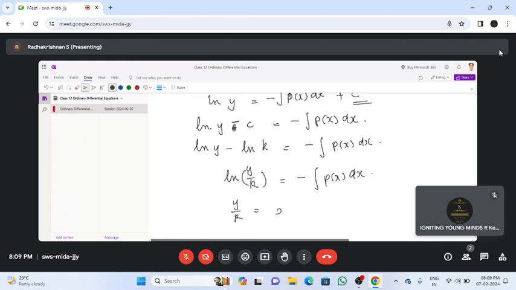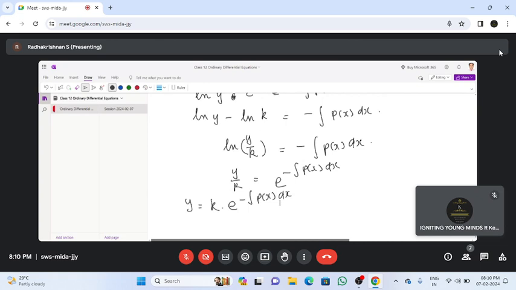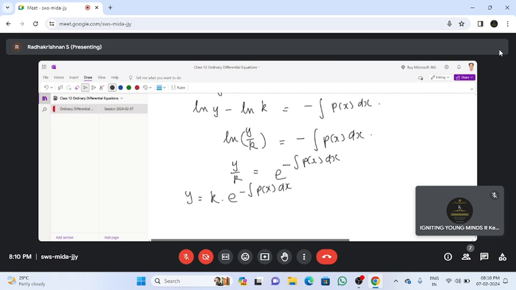Therefore, y by k equal to e power minus integral p of x dx, or y equal to k into e power minus integral p of x dx. Which option is that?